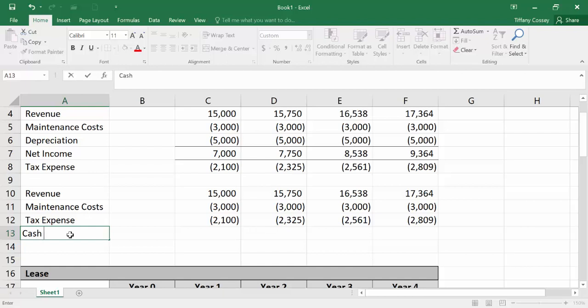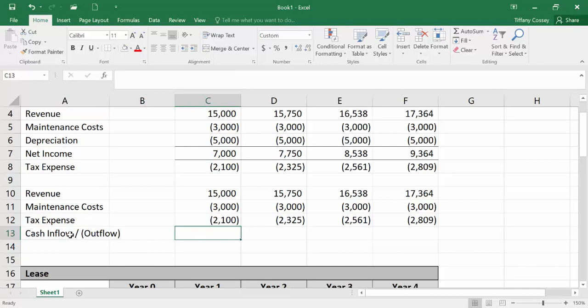And when we net together the cash revenue minus the maintenance cost, which is a cash outflow, and the tax expense, which is a cash outflow, we have our cash flows for each year.